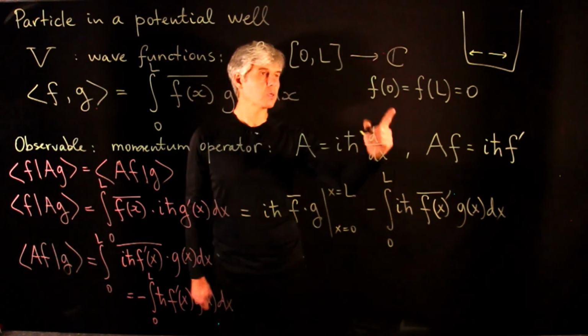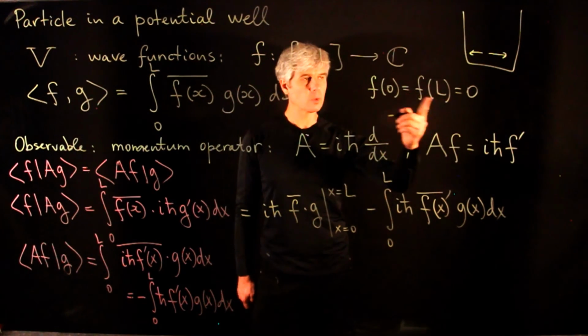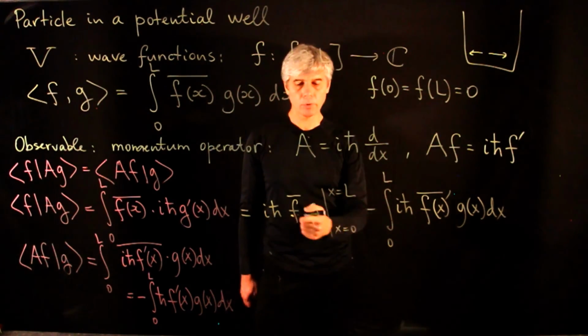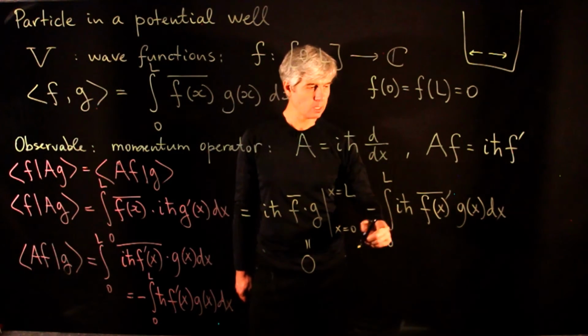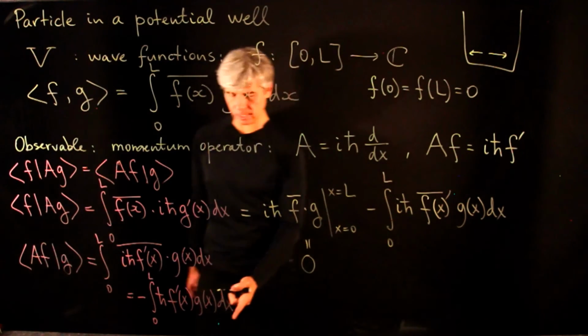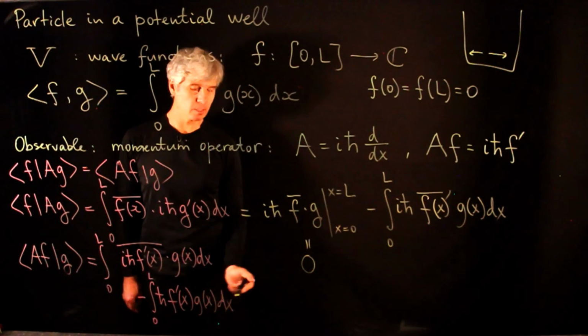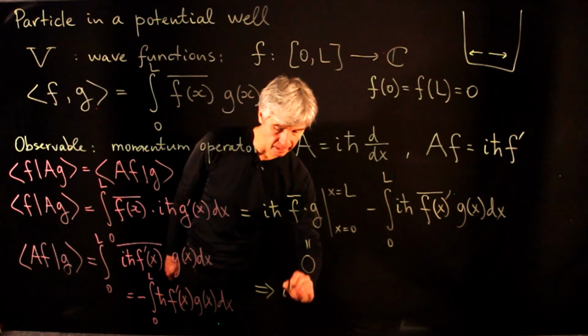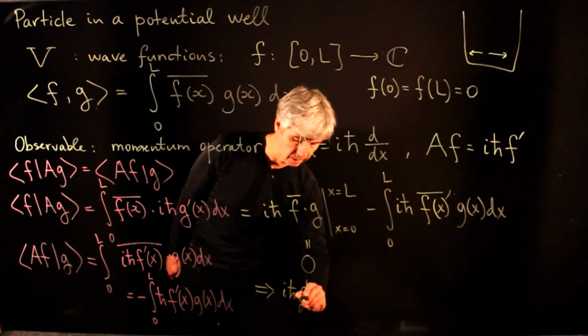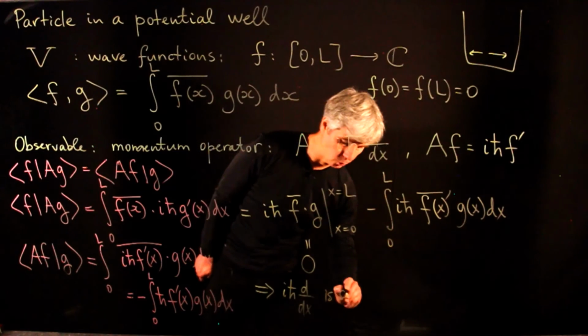But because of this boundary condition, at the end of the interval both functions are equal to 0. So this term vanishes, and what we get is this second term, which is exactly what we have here. So this implies that i h d/dx is self-adjoint.